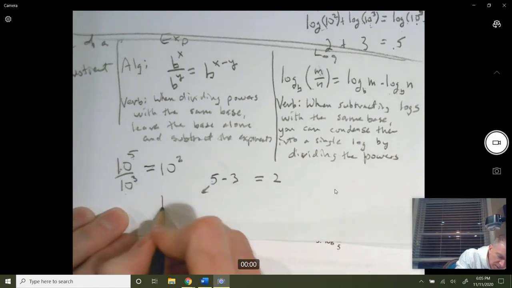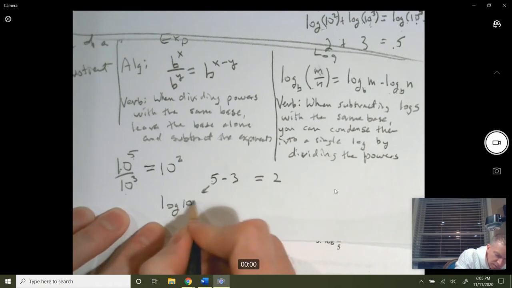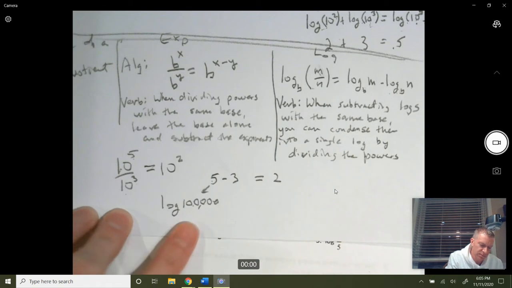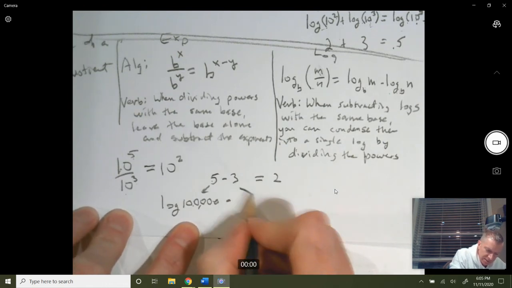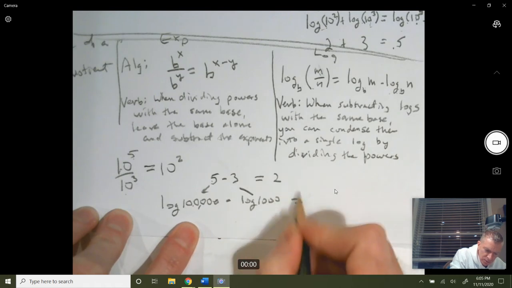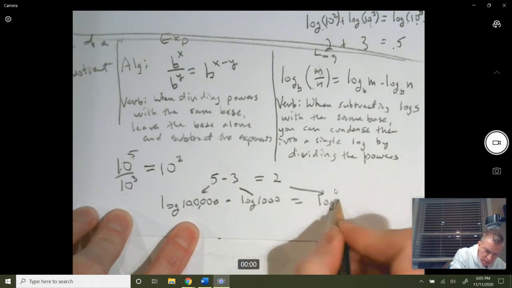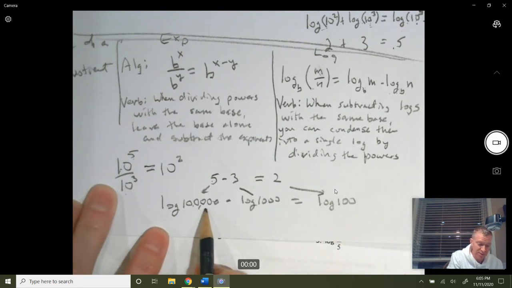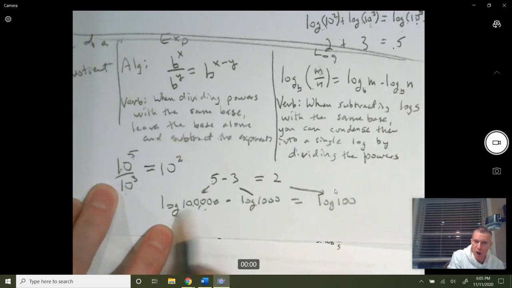Log of 100,000 minus the log of 1,000 is equal to the log of 100. Remember the log of 100,000, that's 10 to the what gives you 100,000.